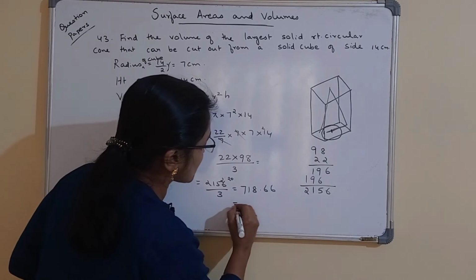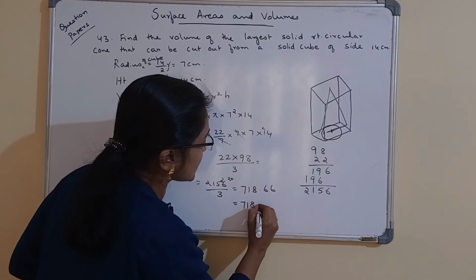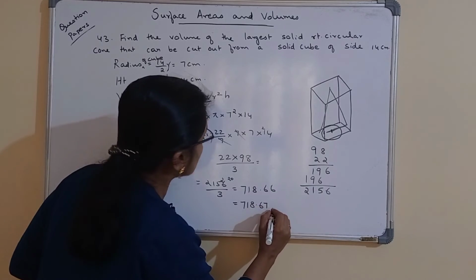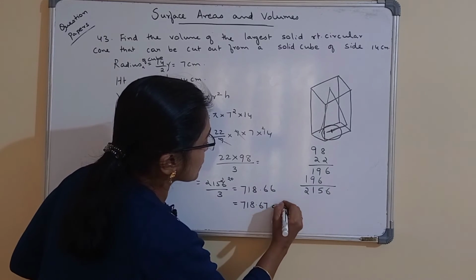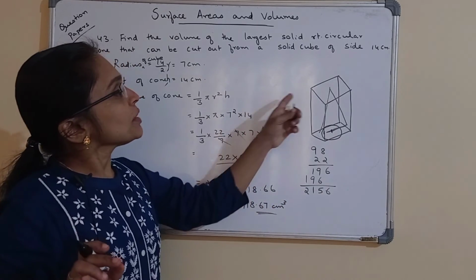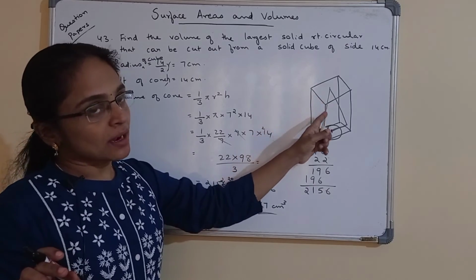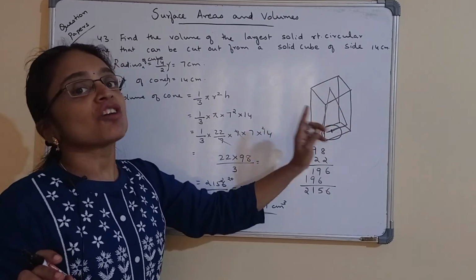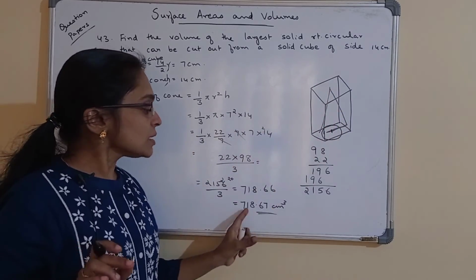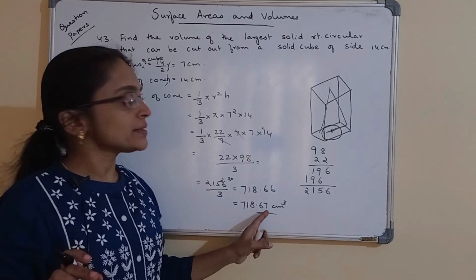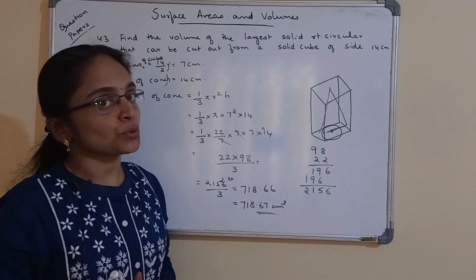So this is equal to 718.67 centimeter cube. That is the volume of the largest cone that can be cut out from a cube of side 14 centimeter: 718.67 centimeter cube. Okay.